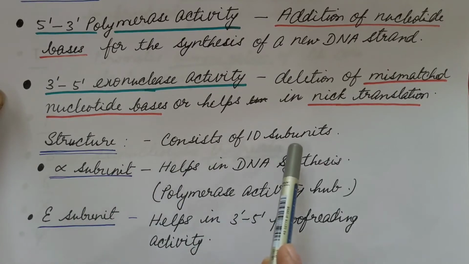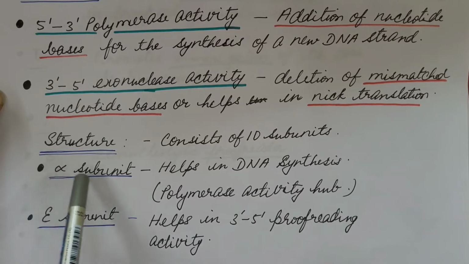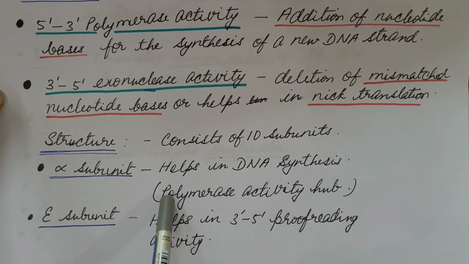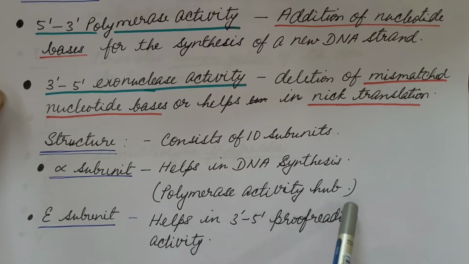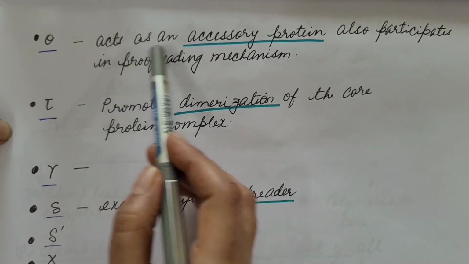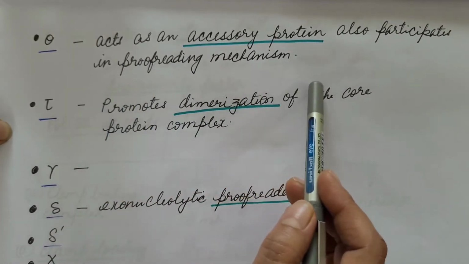It consists of 10 subunits which we discussed earlier. First is the alpha subunit. It helps in DNA synthesis. Hence, it is known as the polymerase activity hub. Second is the epsilon subunit, which helps in the 3'-5' proofreading activity. Third is the theta subunit. It acts as an accessory protein and it also participates in the proofreading mechanism.